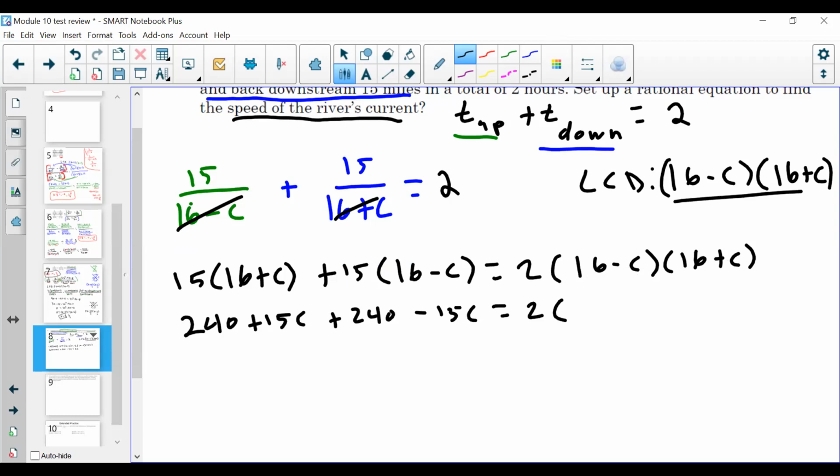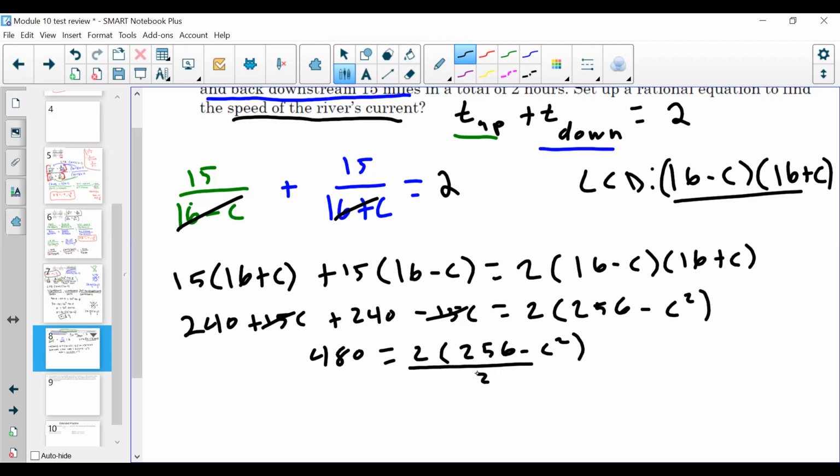That's the factored form of a perfect square trinomial. So we get 16 squared, which is 256 minus c squared. I can add like terms on the right. These cancel out, and I have 480 equals 2 times 256 minus c squared.